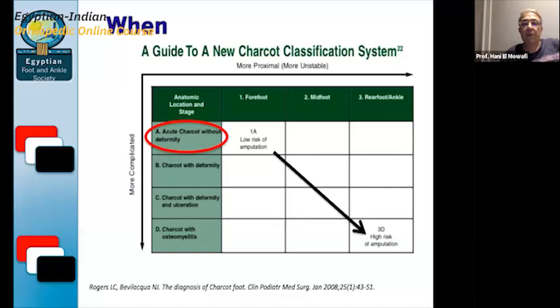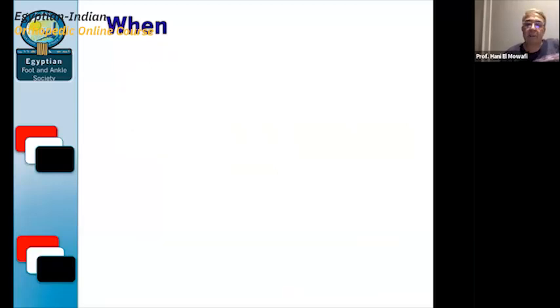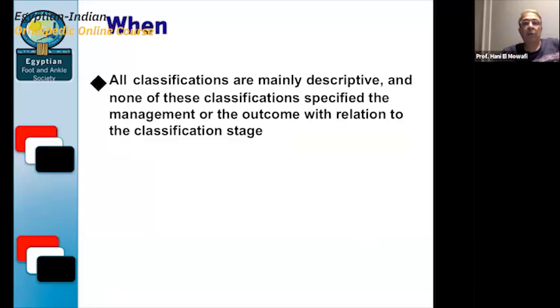As orthopedic surgeons, we have no role in acute Charcot without deformity, but we have to form some idea about the classification. All classifications must be descriptive, but none of them is specific to management or outcome, or to the relationship with the stages.